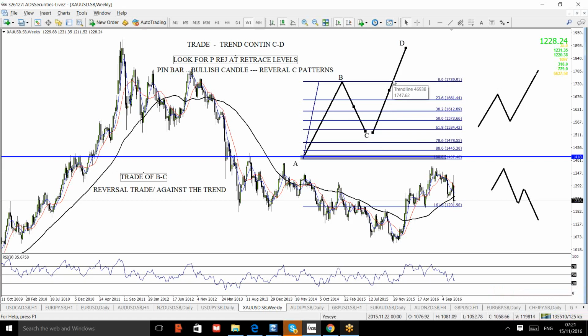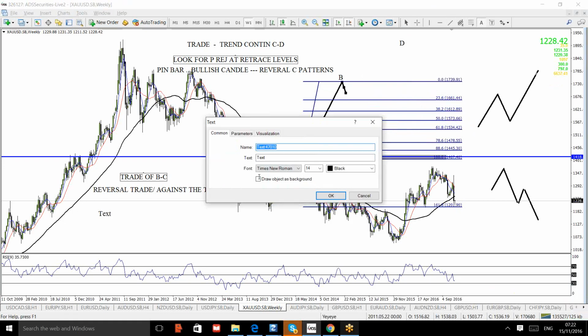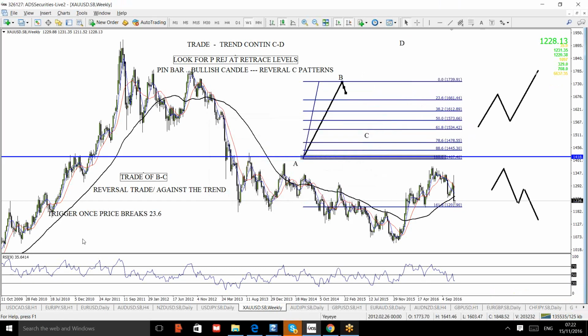Now, guys, I'm going to show you, if you're taking a BC trade. First of all, your BC trades, you always trigger this trade once price breaks 23.6, guys. First of all, rule number one. Understand, guys?